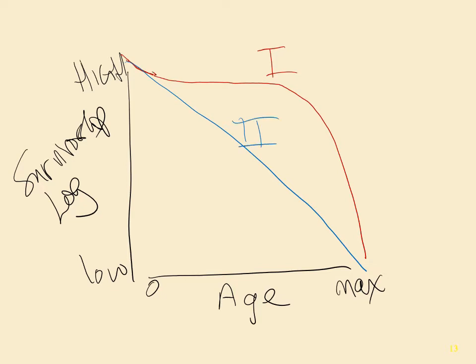And a type 3 survivorship curve, the young ones are in trouble, but then if they can get through that, they live to a ripe old age. So that's a type 3 survivorship curve. But you can imagine there would be things, you know, that fell somewhere in these middle regions as well. So that's a gross sort of oversimplification of the system.